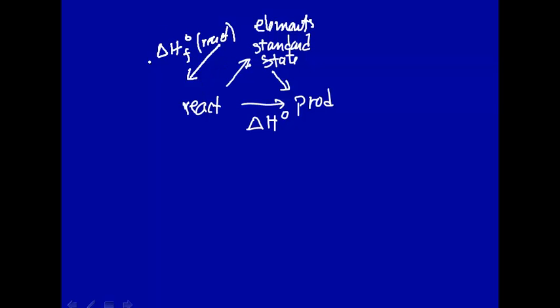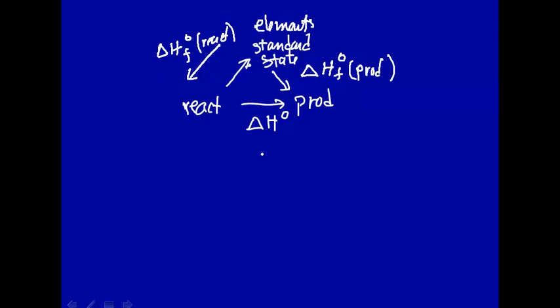And that, from introductory chemistry, is called the standard enthalpy of formation. Now we're going to take the elements in the standard state, rearrange those, and make products. So this would be the standard enthalpy of formation of the products.